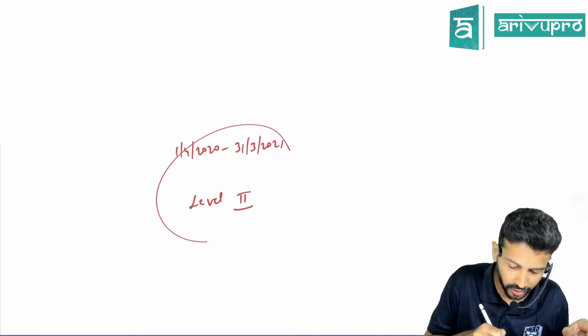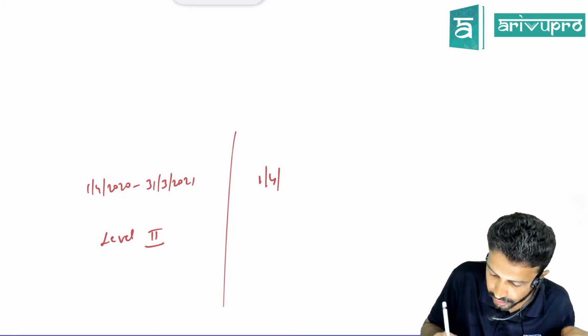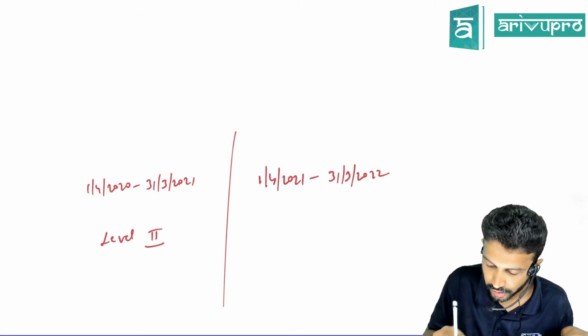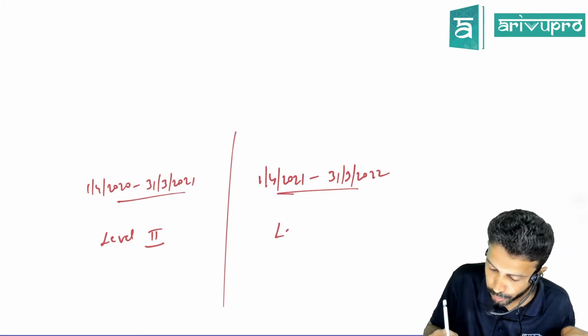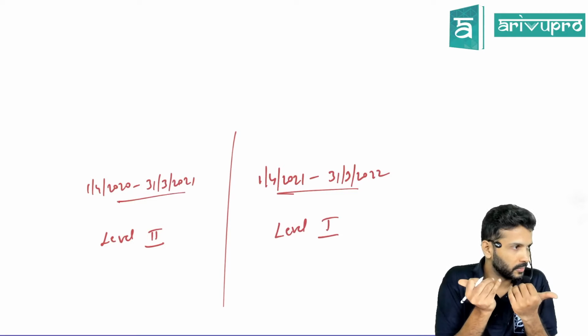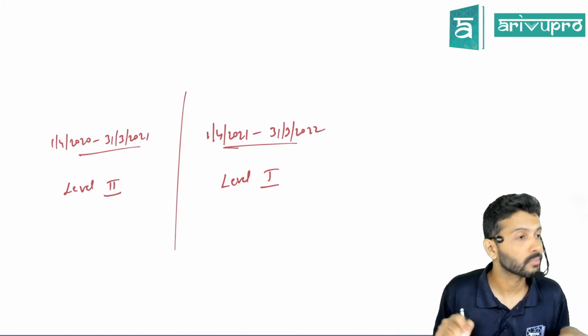So you were a level 2. Next year, that is 1st April 2021 to 31st March 2022, you became big. Level 2 is smaller, right? So level 1 is much bigger. So you became a big company now.